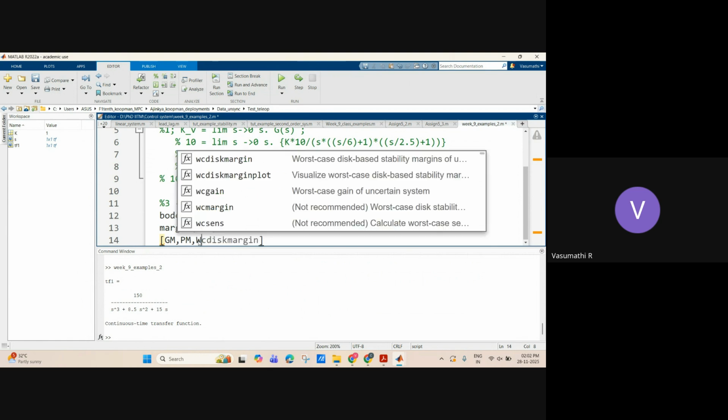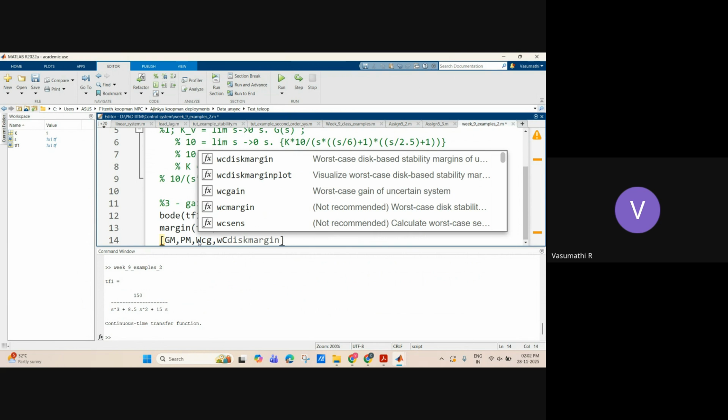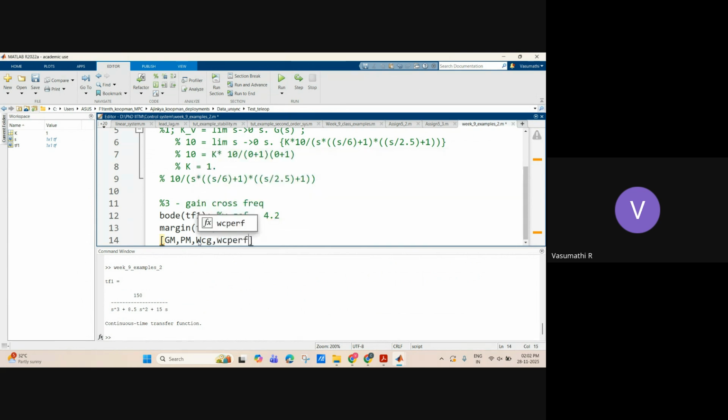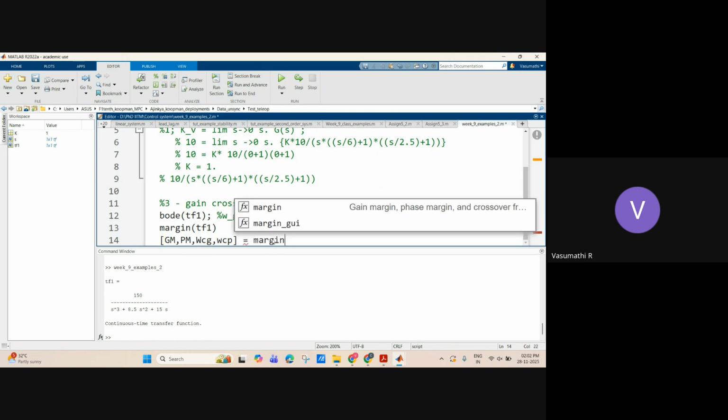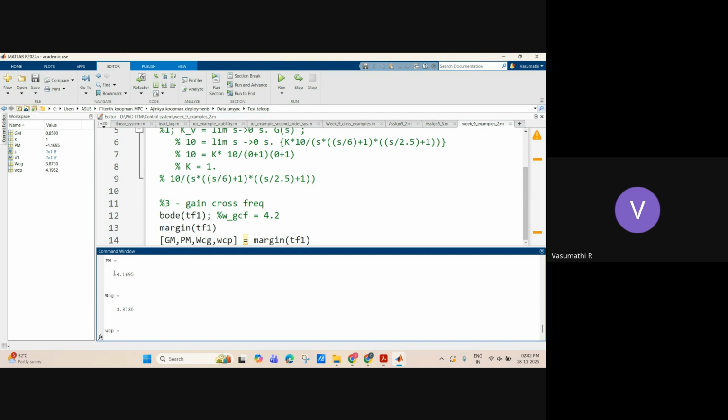This is the correct order to mention: gain margin, phase margin, gain crossover frequency, phase crossover frequency, equal to whatever margin you found now. Margin of TF1. Then this will give you everything: gain margin is 0.85, phase margin is minus 4.165, gain crossover frequency is 3.87, phase crossover frequency is 4.1952.